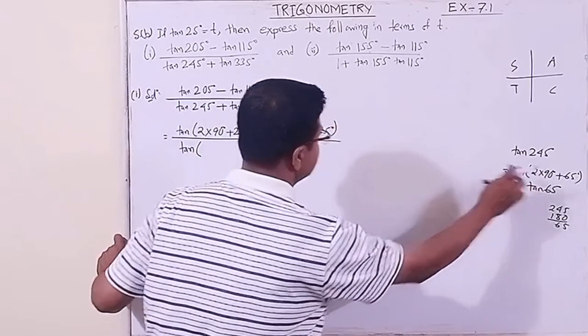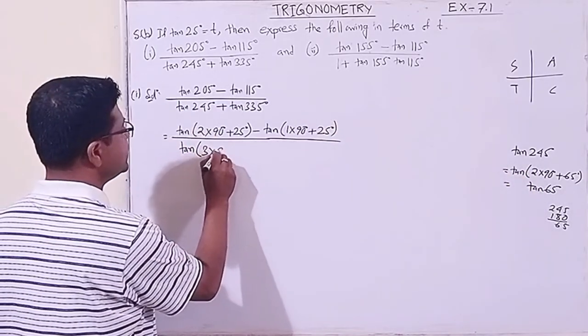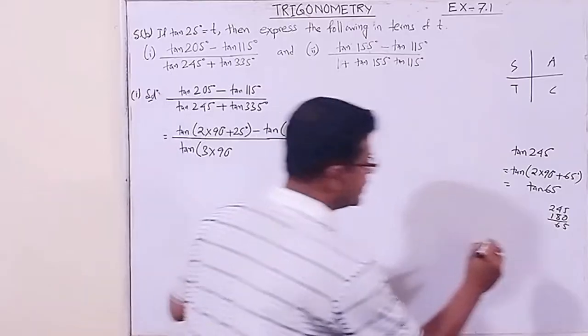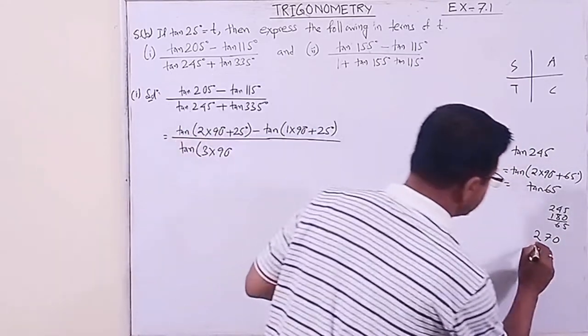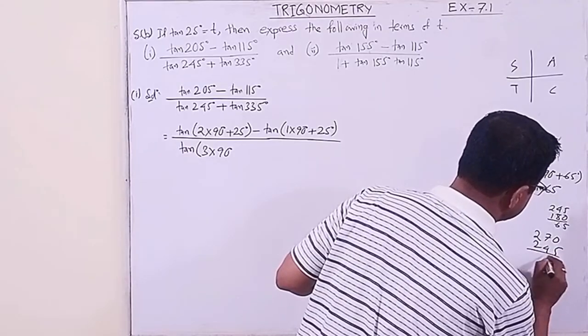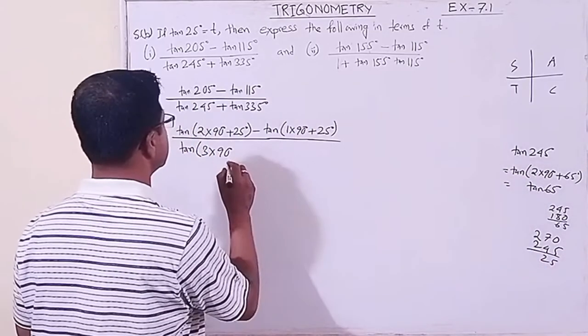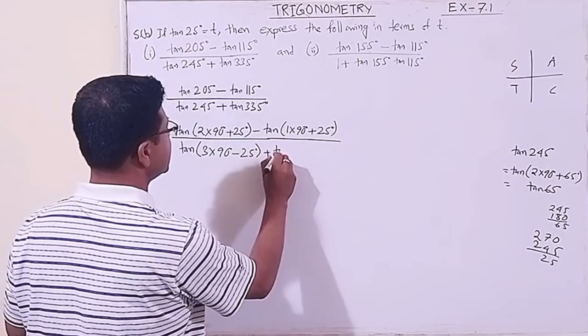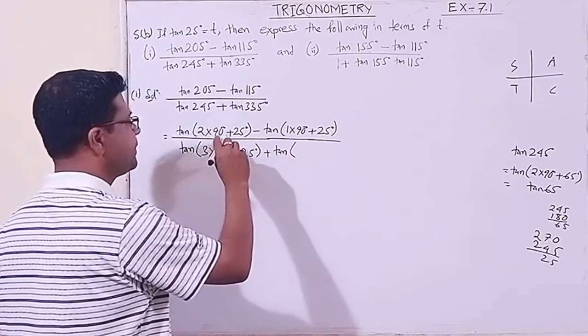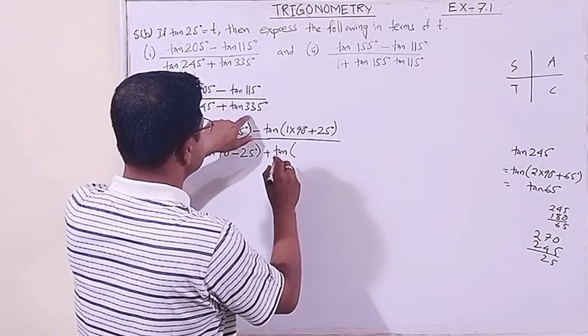How will we do that? What we will do? Let us make it 3 into 90. So 3 into 90 is 270. From 270 we shall subtract 245. 245, you can check that this is 25 degree. Okay, so minus 25 degree plus tan. Again this is the same thing here.